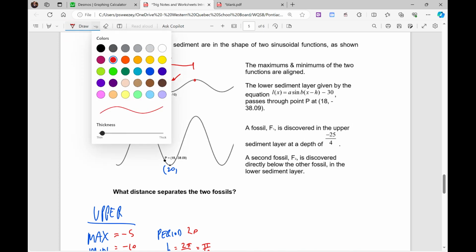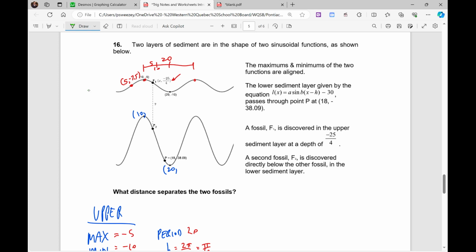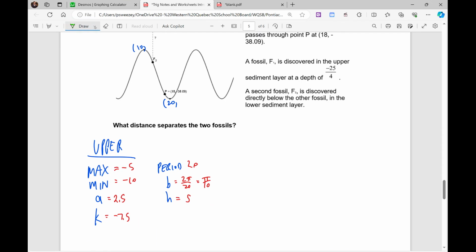Only thing to keep in mind, right? If I'm looking right here, at that point right there, what we end up looking for in this scenario is going to return 2 values, and we're going to have to take the bigger of the 2. So let's try solving for that. So this is that whole process.